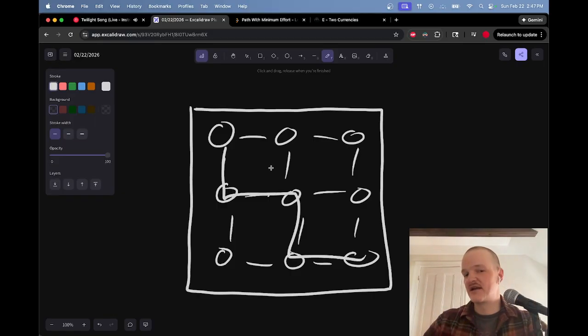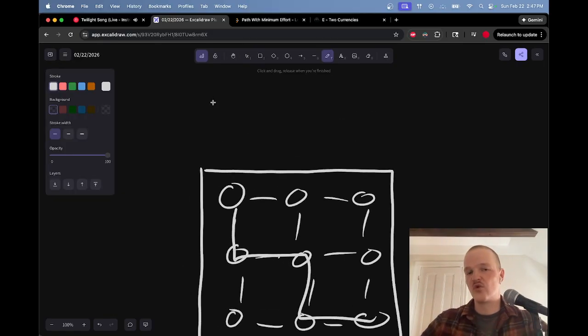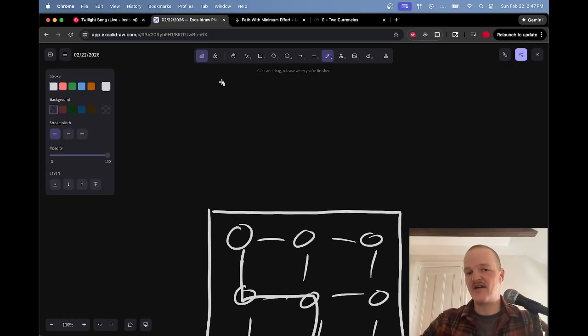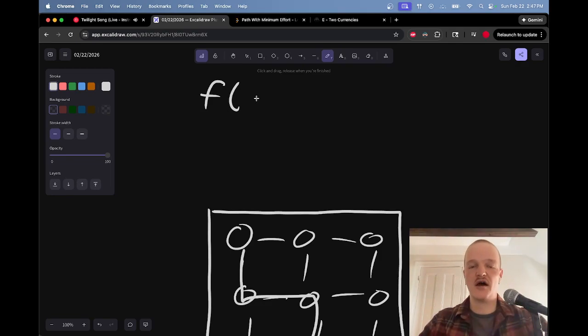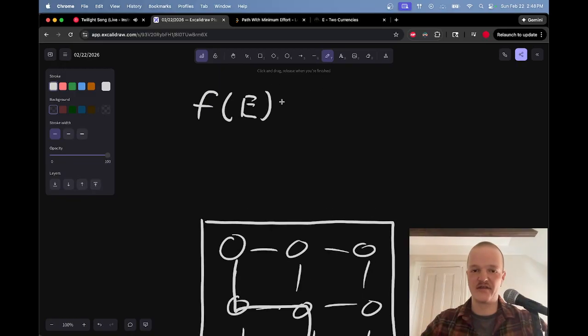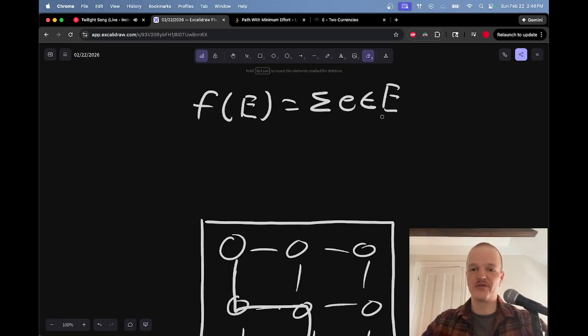And the thing to recognize here is that if we have our ordinary Dijkstra's function to assemble all the edges into a path, let's say the cost of the edges in a path is going to be equal to the sum of all the edge weights, right?